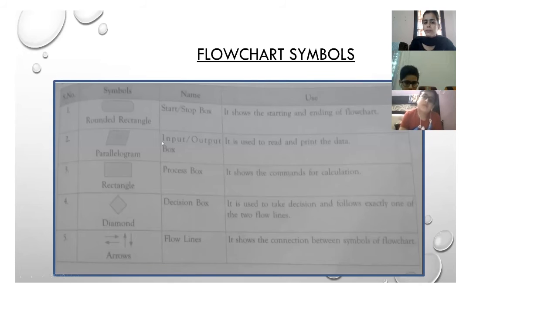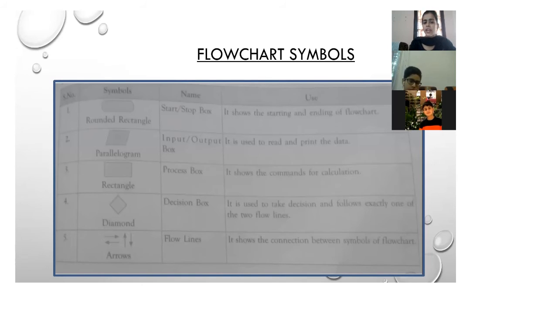The names of the flowchart symbols are start-stop box, input-output box, process box, decision box, and flow lines. Am I clear? These are the names of the flowchart symbols. Keep it in your mind.